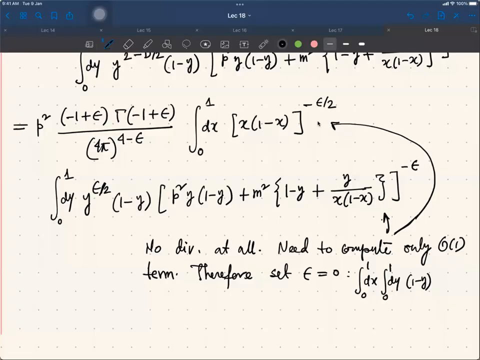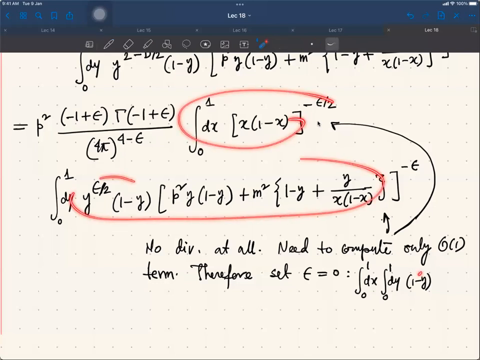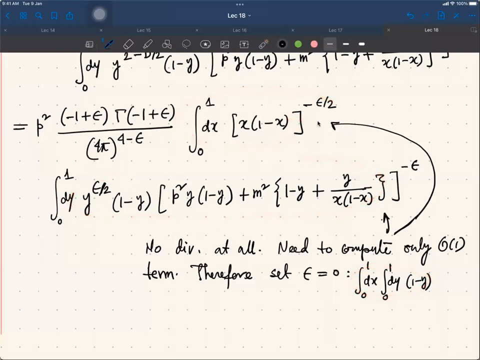Since there is no divergence piece, you can just set epsilon equal to 0, and that will give you the order 1 term. The entire two integrals become this, and the result is half.